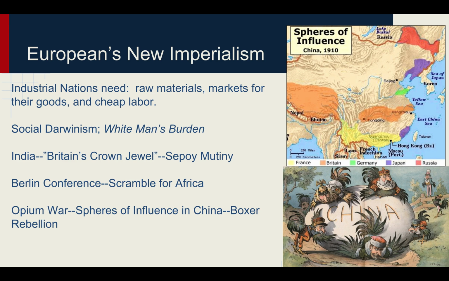The Sepoy Mutiny is not successful in getting the English out of India, but it does allow for a change in how India is ruled. And so Britain starts to rule India not as a company anymore, but as a colony. Of course, Africa is divided by the Europeans by the Berlin Conference, and the Africans are not invited to that conference.